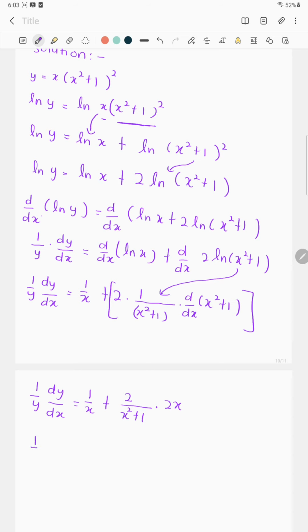Then we simplify: the constant times 2x gives 4x. And don't forget the denominator, we write it back.